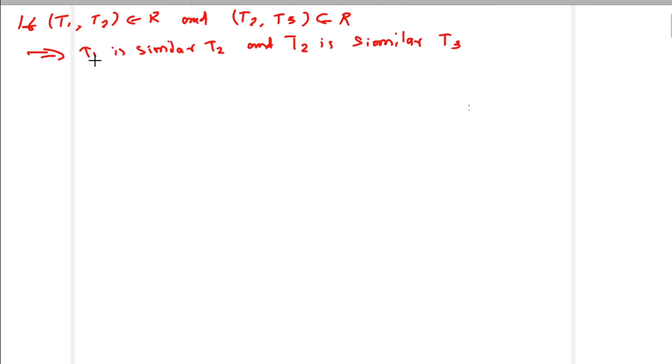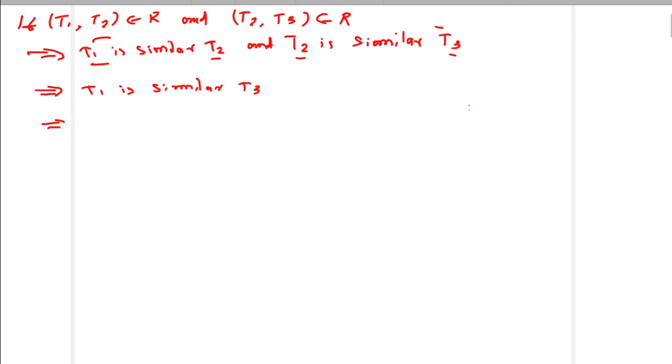So here, T1 is similar to T2 and triangle T2 is similar to T3. This implies T1 is similar to T3.